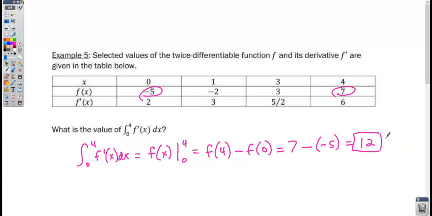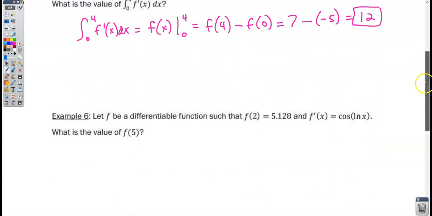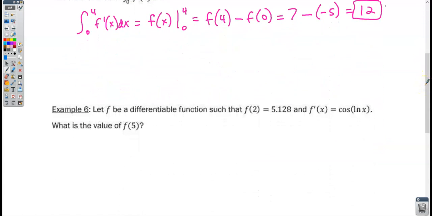There's the end of example 5. Example 6. Let f be a differentiable function such that f of 2 equals 5.128 and f prime of x equals the cosine of the natural logarithm of x. What's the value of f of 5? So we're talking about the value of f of 5, and we know the value of f of 2.